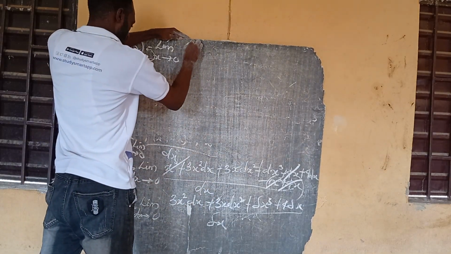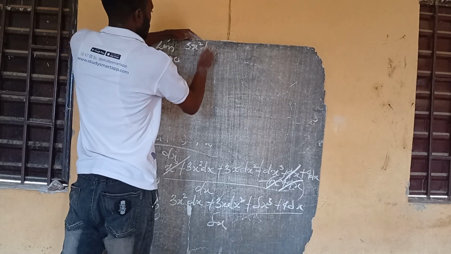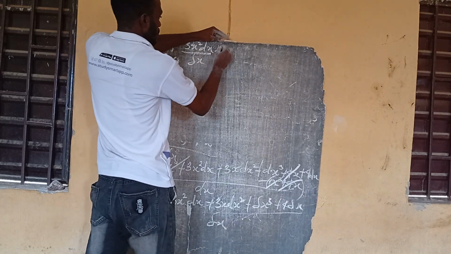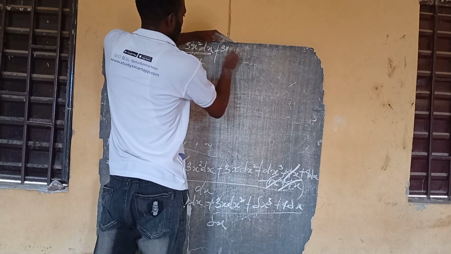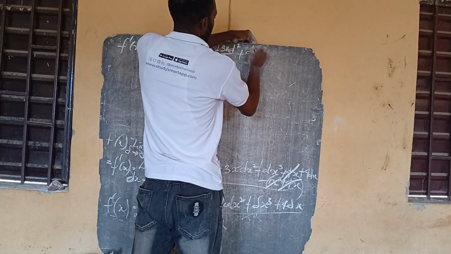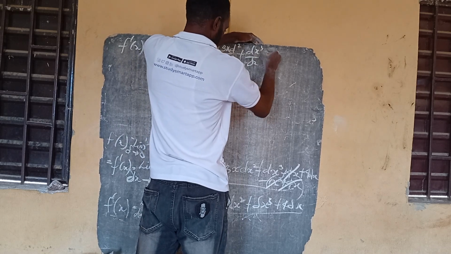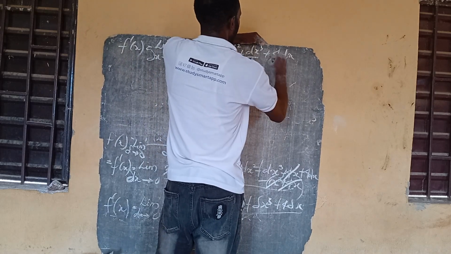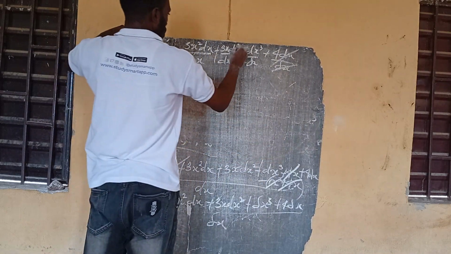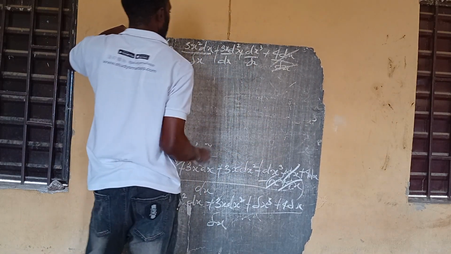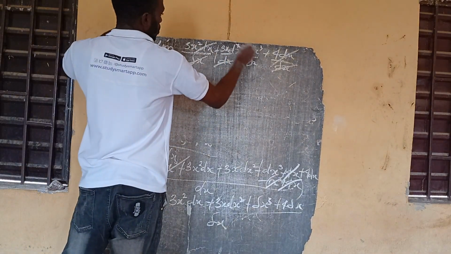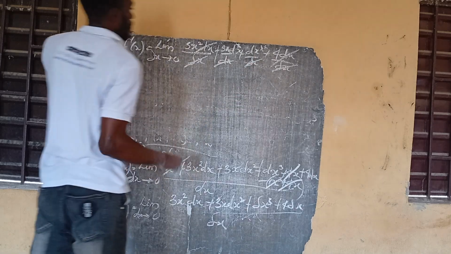So that becomes 3x squared dx over dx plus 3x dx squared over dx plus dx cubed over dx plus 4 dx over dx. This takes care of this. This takes care of this. This takes care of 1. This takes care of 1, which remains 2.